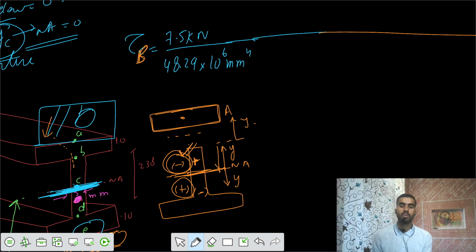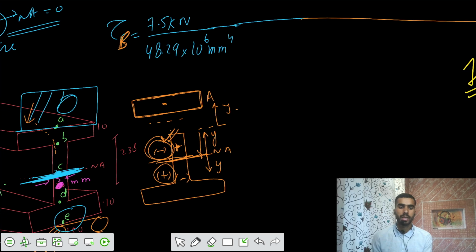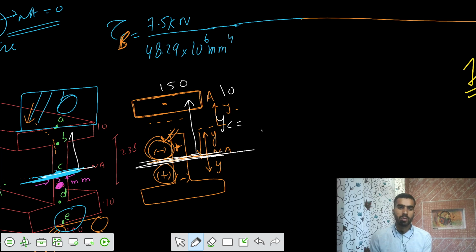So we can take the area 1. If you take the area 1, what's the first moment of area about the neutral axis? We have a width of 10, we have a depth of 10 and a width of 150, and the neutral axis is here, and I would take the y c equals to this one.